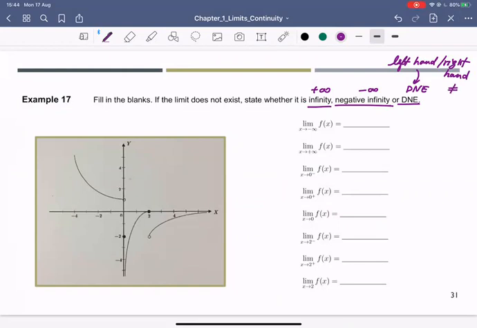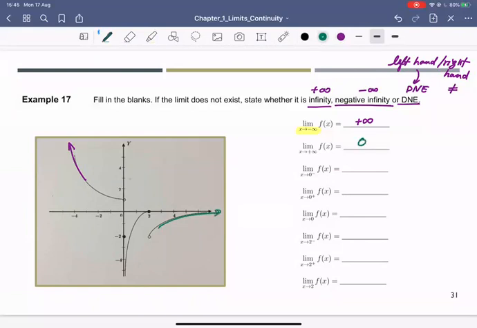Let's look at the first one. When x goes to negative infinity, what is the behavior of f? You can see that when x goes to negative infinity, the one that I draw the line on in the picture, this is plus infinity. And when x goes to plus infinity, this is 0.